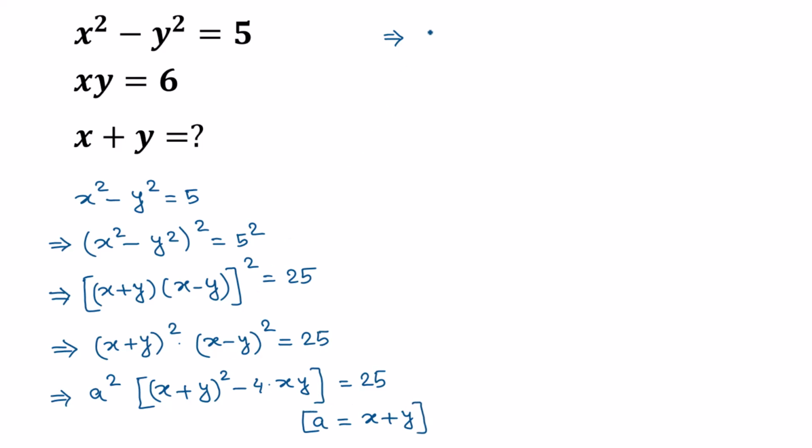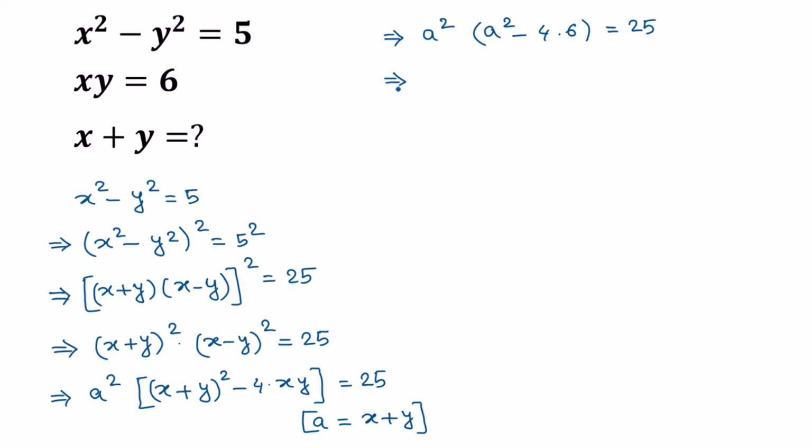Now the left side is a square, and substituting x plus y as a, we can write a square times (a square minus 4 times xy), the value of xy we have been given as 6, is equal to the right side, 25.